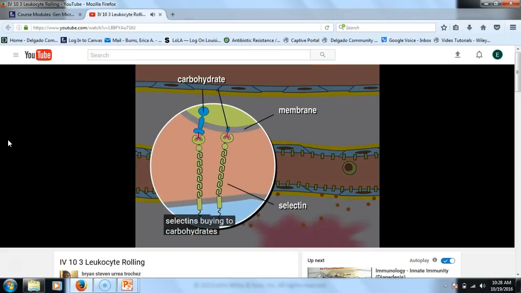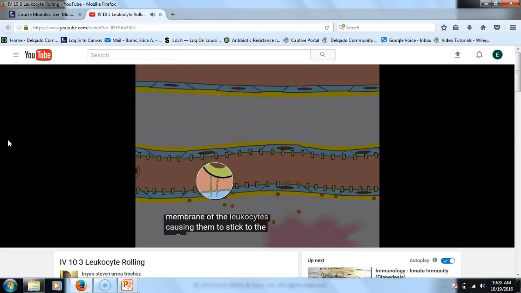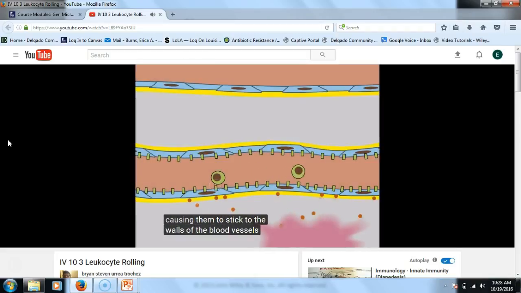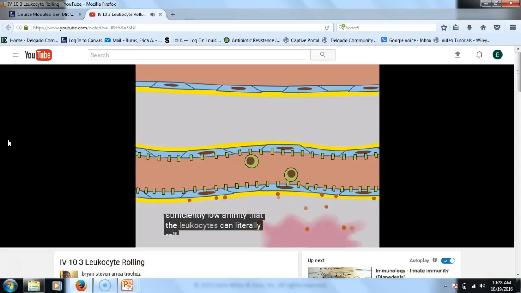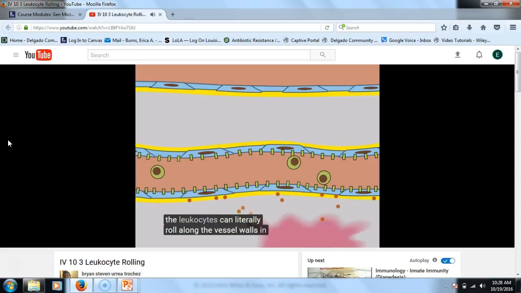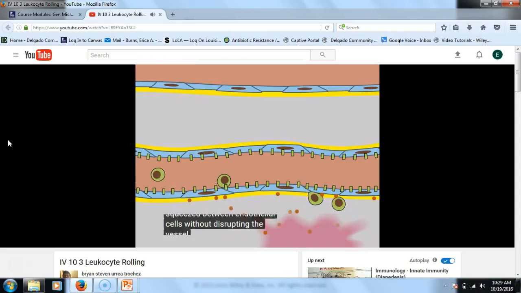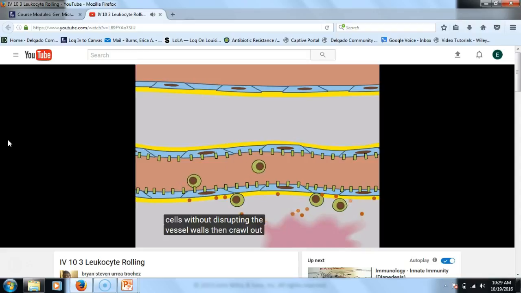Selectins bind to carbohydrates displayed on the membrane of the leukocytes, causing them to stick to the walls of the blood vessels. This binding interaction is of sufficiently low affinity that the leukocytes can literally roll along the vessel walls in search for points to exit the vessel. There, they adhere tightly and squeeze between endothelial cells without disrupting the vessel walls, then crawl out of the blood vessel into the adjacent connective tissue.